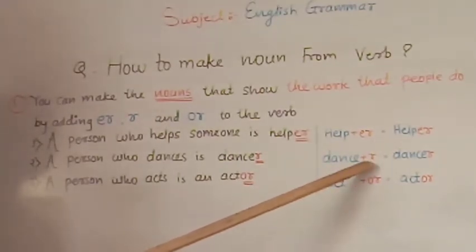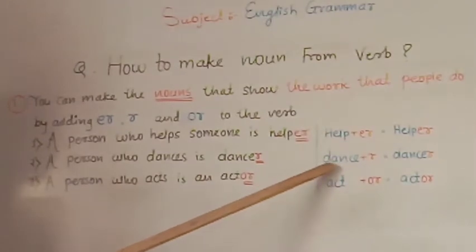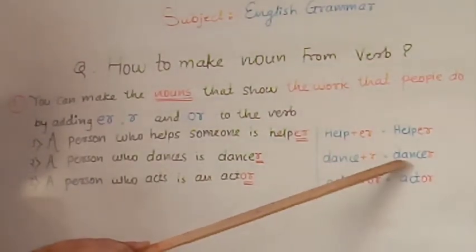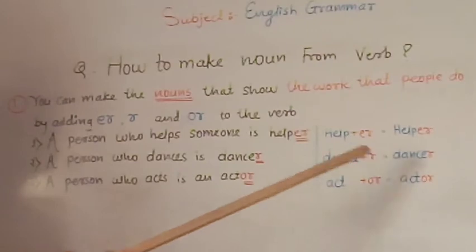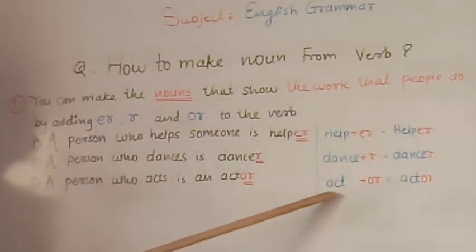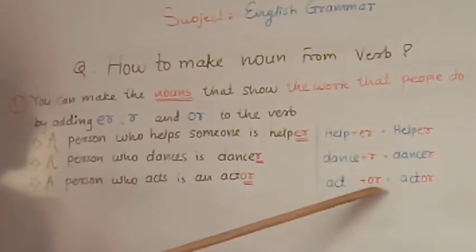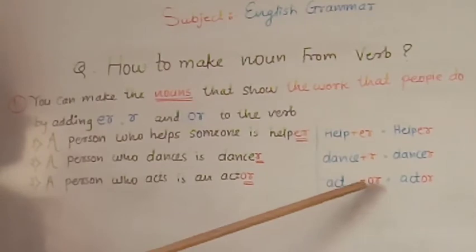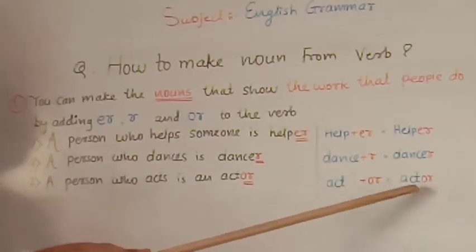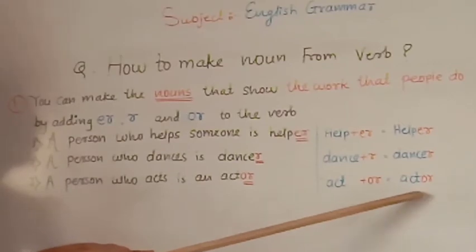When we add r to the verb dance, it becomes dancer, means noun. Act is one of the verb, an action word. When we add or to the verb act, it becomes actor, means noun.